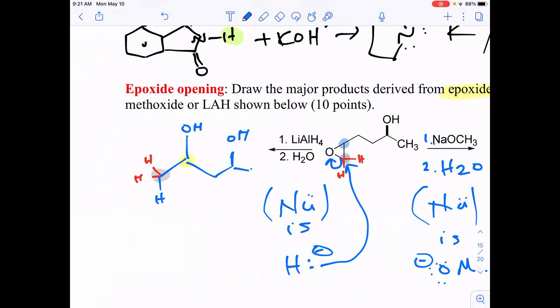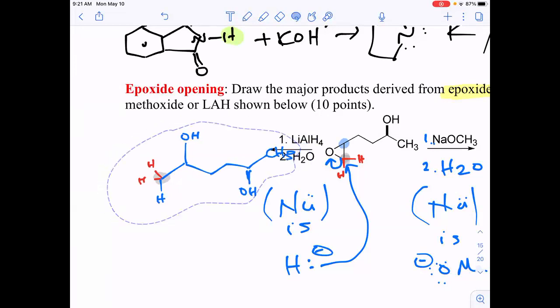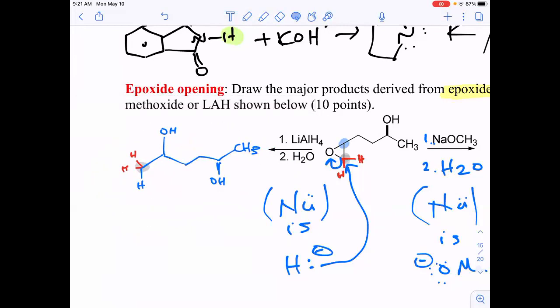Am I missing a carbon? 1, 2. I think I'm missing a carbon. I'll fix that. Trying to make sure we got the right number of carbons. 1, 2, 3, 4, 5. 1, 2, 3, 4, 5. Yep. All right. Any questions about that?